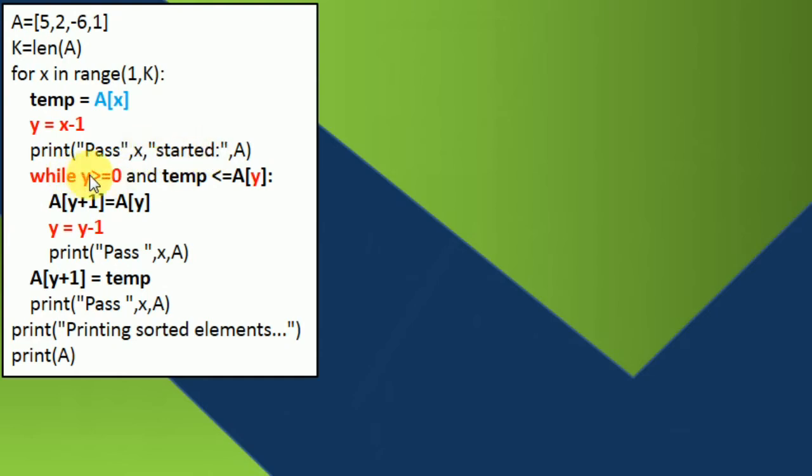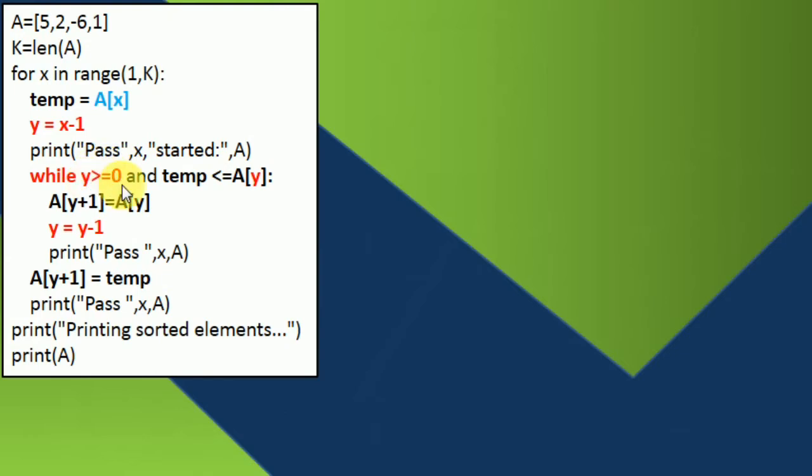Then there is a while loop: y is greater than or equal to 0. It moves toward the left side. At the same time it will check that the value inside temp is less than or equal to a of y. If both these two conditions are true, then only these lines are going to be executed.